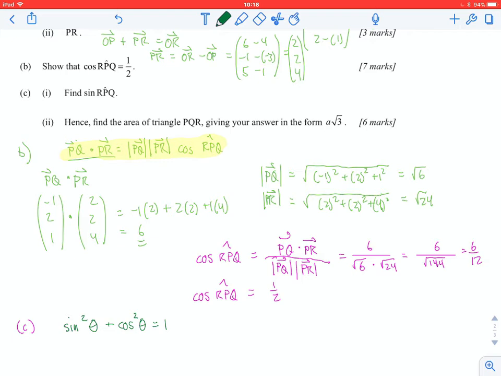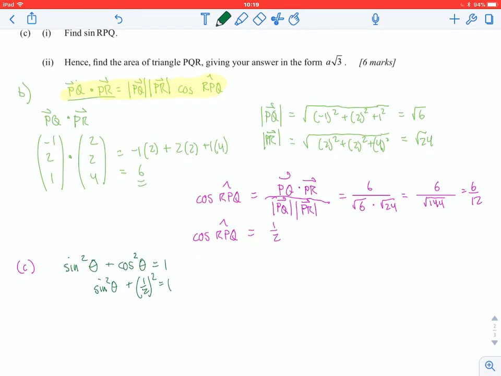So if we know that cosine of RPQ is 1/2, we can use that fact to figure out what sine is. Let's substitute that value in. We have sine squared theta plus 1/2 squared equal to 1, which tells us that sine squared theta is equal to 1 minus 1/4.